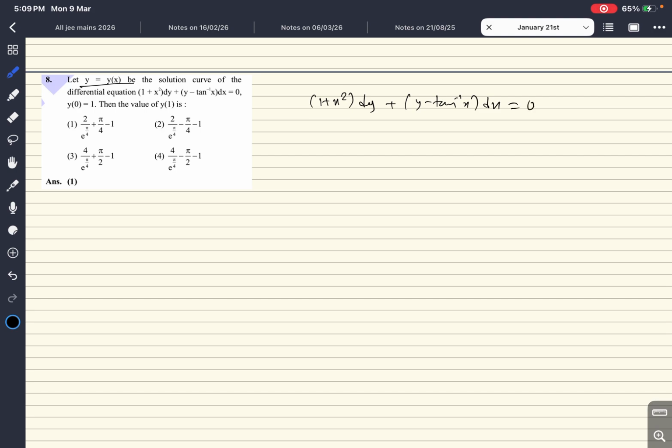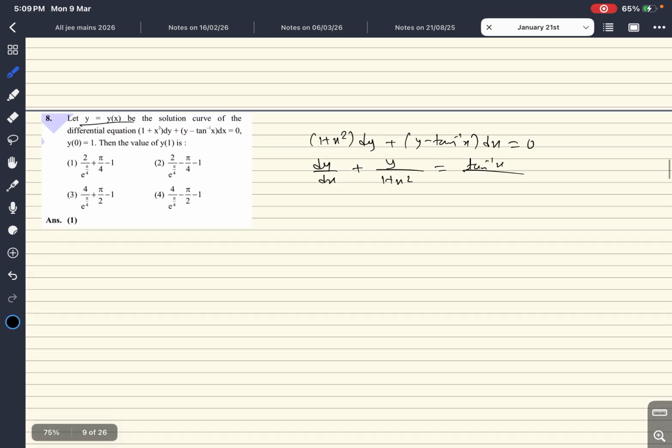If I divide by 1 plus x square, what will be coming is dy by dx plus y upon 1 plus x square. This I am transferring this side, tan inverse of x divided by 1 plus x square.